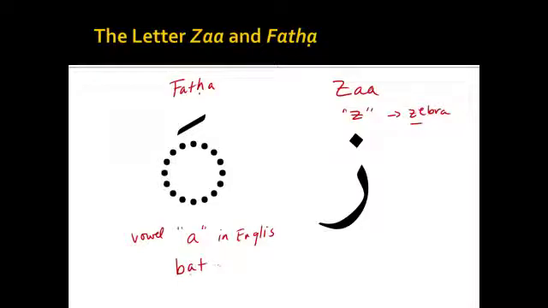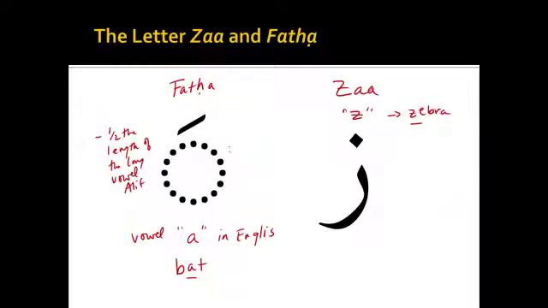and it's like the A here, and the A sound in Arabic is a short vowel, which is 1/2 the length of the long vowel A. So one point here that we want to make is it's half the length of the long vowel Alif.